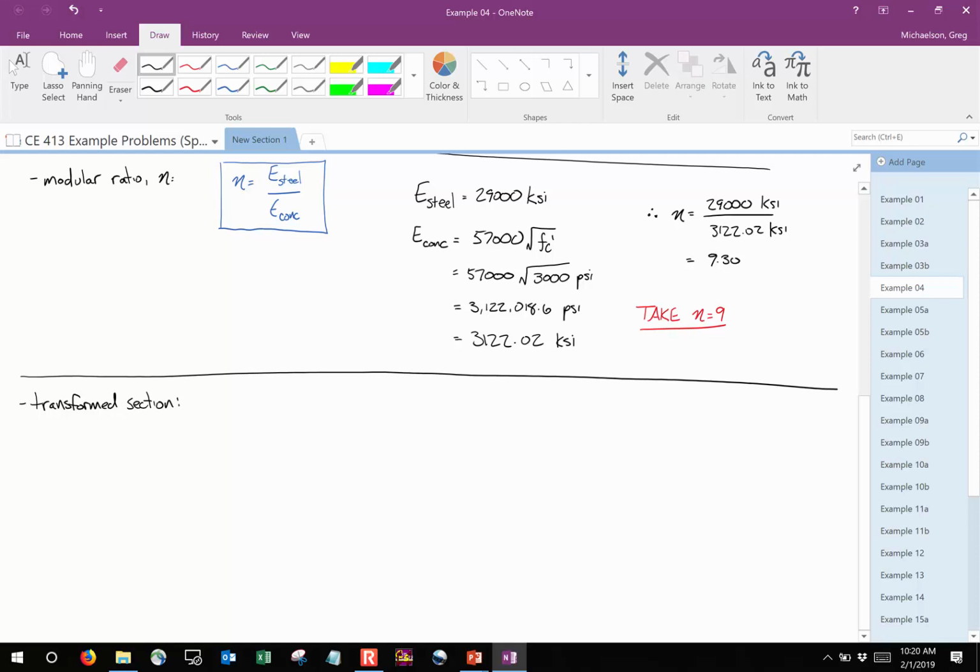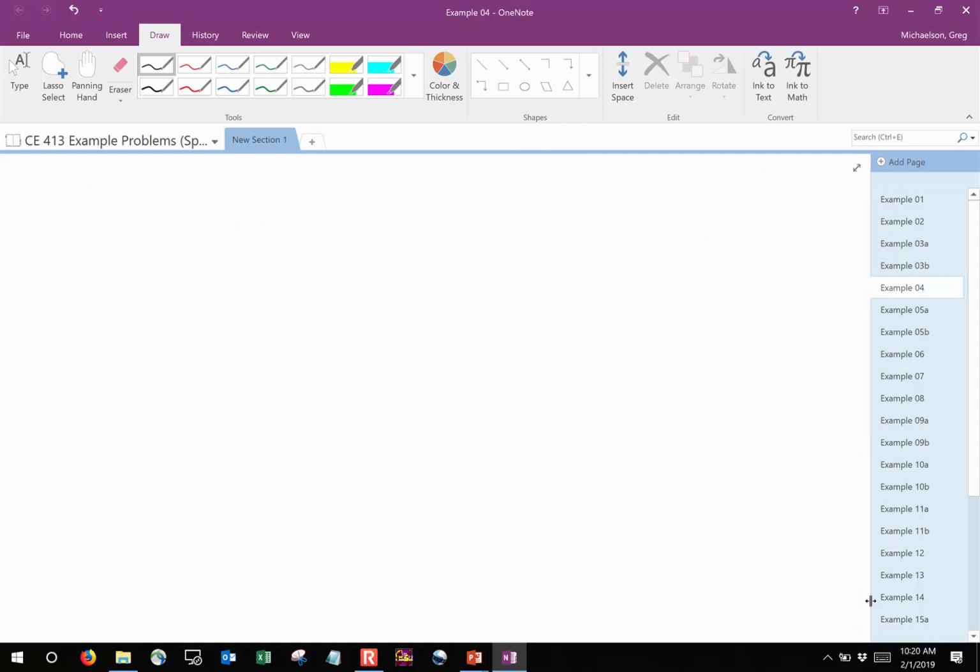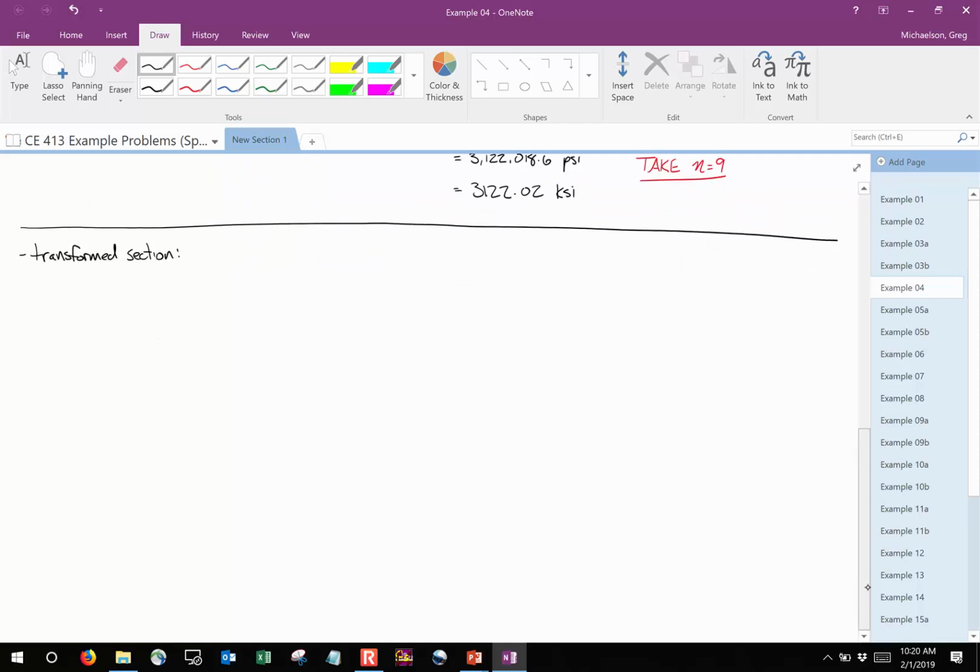Okay, so our transform section. Bear with me. I'm going to try and be somewhat artistic here. Let's remember we have an N of 9, and we have an area of steel of 3 square inches. So here's how this is going to work.